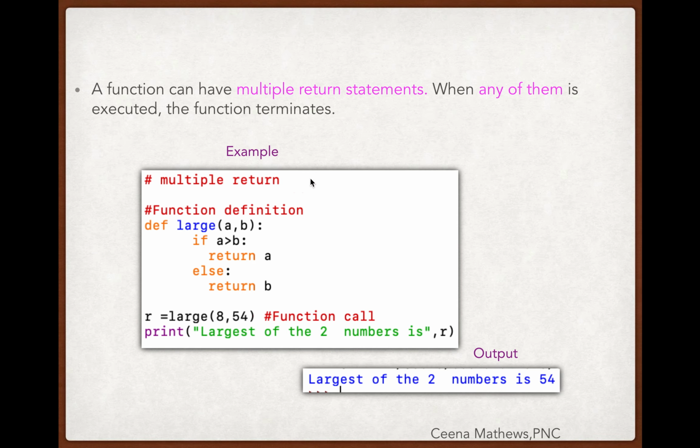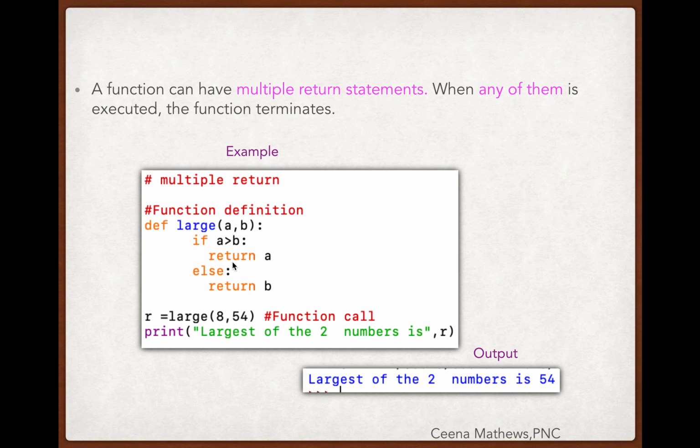As you can see in this example, this is a function for finding the largest of two numbers. The two numbers are a and b here, and the values are passed through the function call, that is, large(8, 54). Inside the function we have the statement if, which checks if a is greater than b.